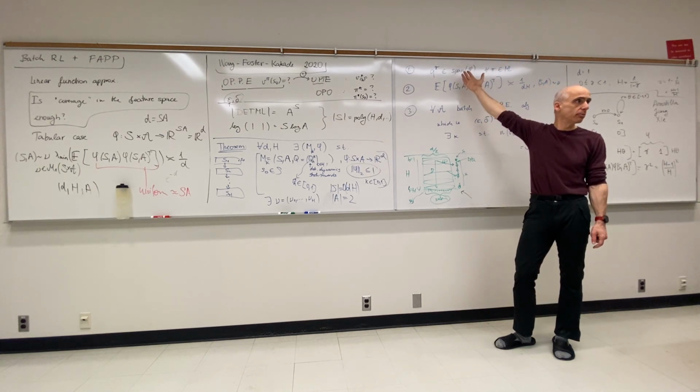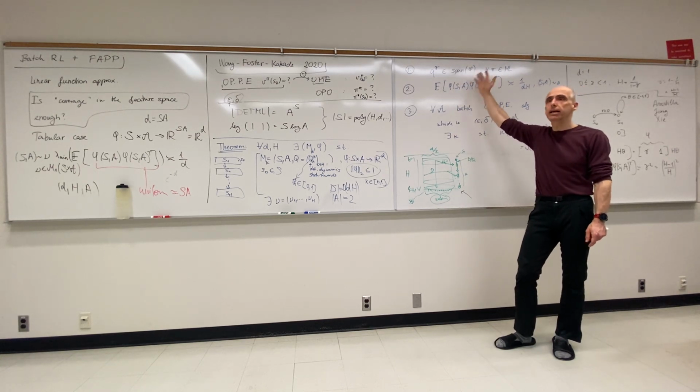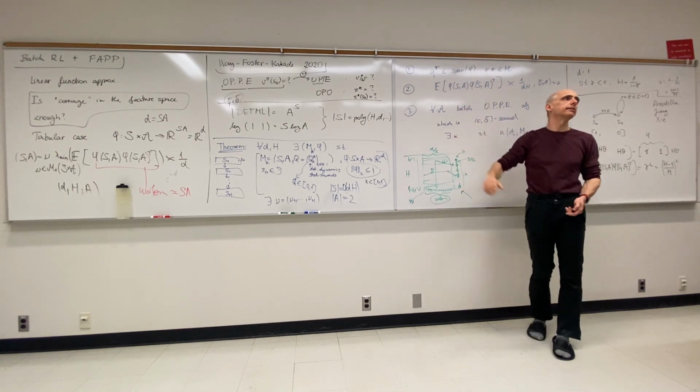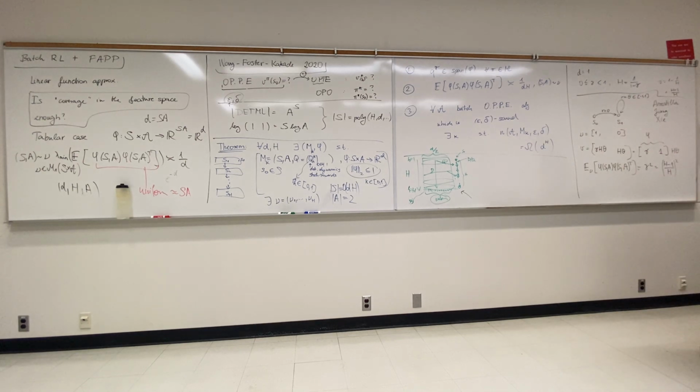You get polynomial sample complexity for this. For the planning setting, and for the online setting later on, you would still get the same. So it's the batch setting. It's the culprit. The batch setting is a bitch.